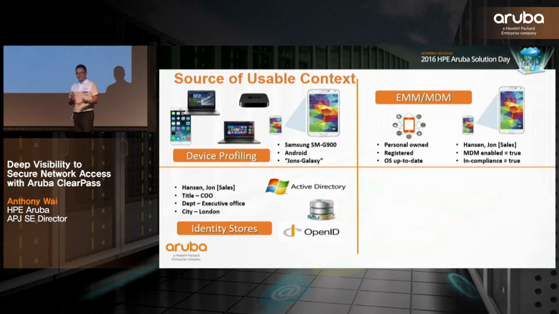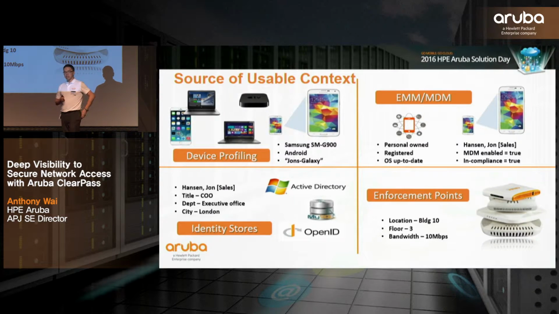Is there any blacklisted application that the company doesn't allow sitting on this device? Is the phone jailbroken or introducing security risk? So we are able to get all this information to ClearPass so that ClearPass can make a better judgment whether we should allow this device into the network or not.